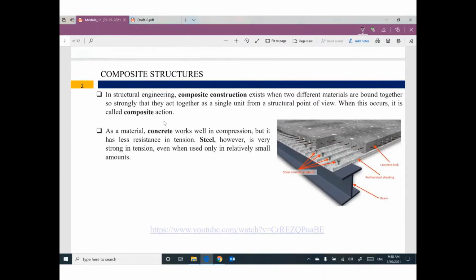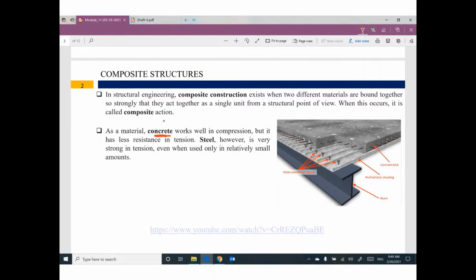Just to give you a hint, what is the meaning of composite structure? Composite structure means we have a structure that is not concrete or steel. No, it's a combination between concrete and steel. So in structural engineering, composite construction exists when two different materials are bound together so strongly that they act together as a single unit. By the way, all of you understand or remember this information.